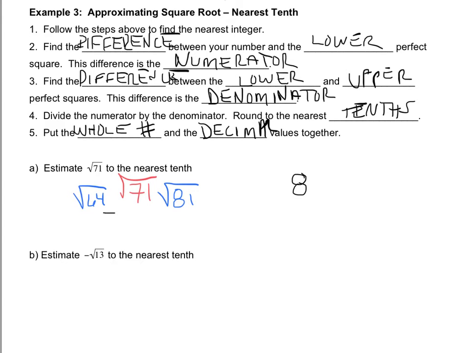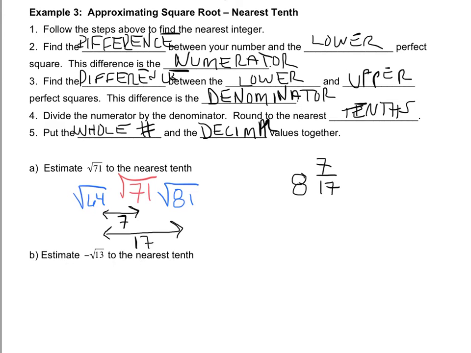Here I'm going to look at the difference between the lower and my number. I get 7. Then I'm going to look at the difference between the lower and the upper, which is 17. So my answer is going to be 8 and 7/17.